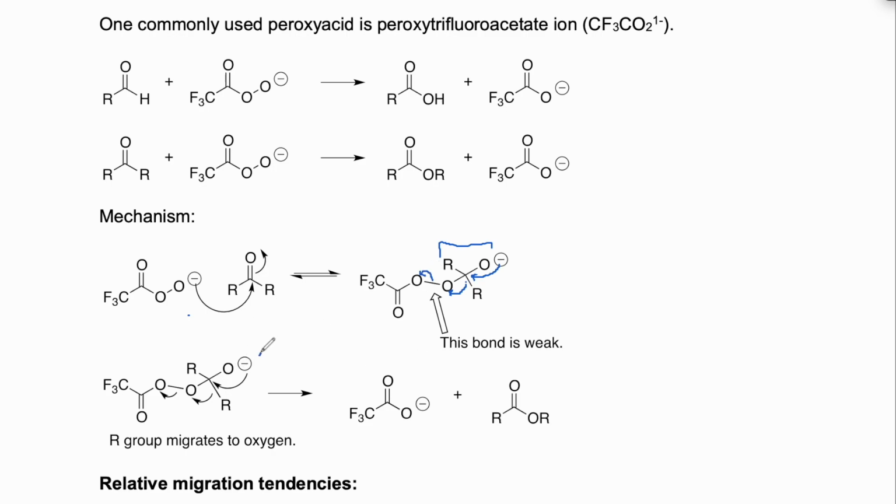We have that shown over here as well. So we have the migration of one of the groups that was on the ketone. One of these R groups is going to migrate over to be on the oxygen now. If both of the R groups are the same, it doesn't really matter which one migrates.